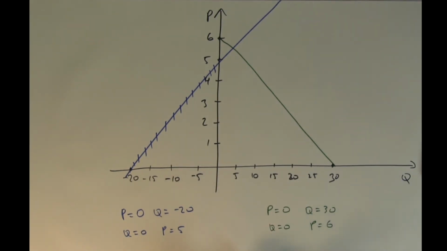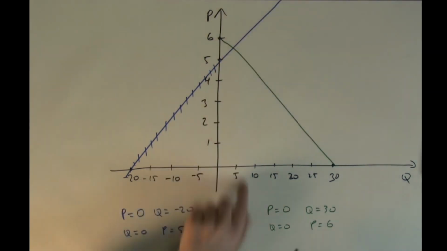Now, the next thing. Which one is the supply and which one is the demand? Well, remember, suppliers, companies, are willing to produce more if the price is higher. So as P goes up, Q goes up. So that is the upward going graph. That is the blue graph. So this is my supply.